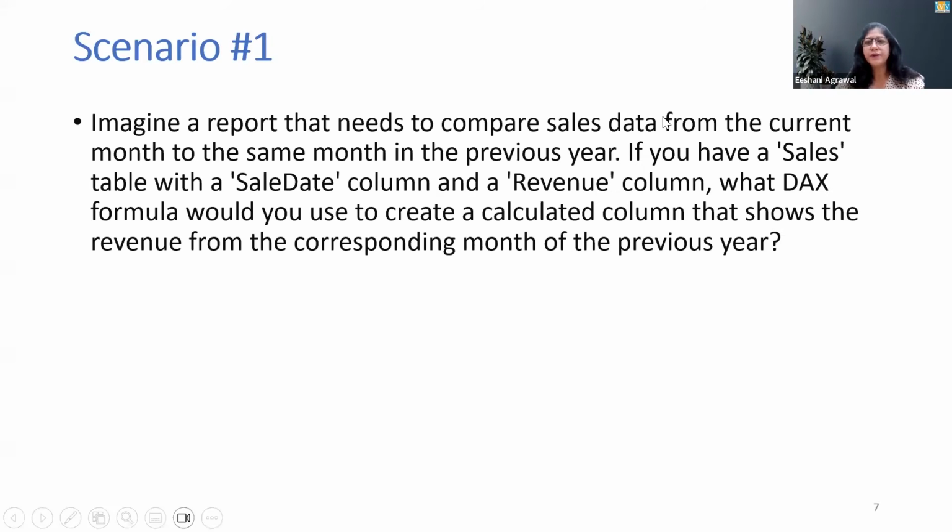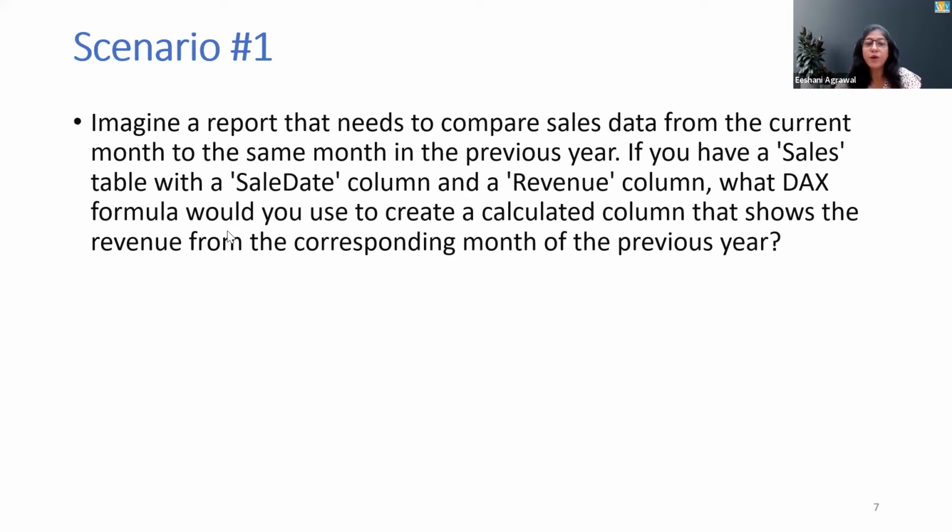So for example, you are creating a report that needs to compare the sales data from the current month to the same month of previous year, right? So for example, if I'm doing April 2024, so April 2023, so let's say we have a sales table in which I've got a date and I've got a revenue column.